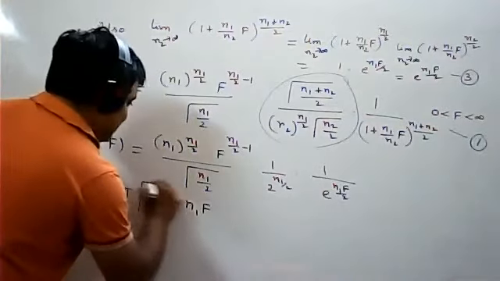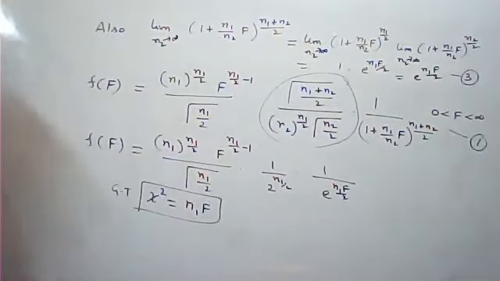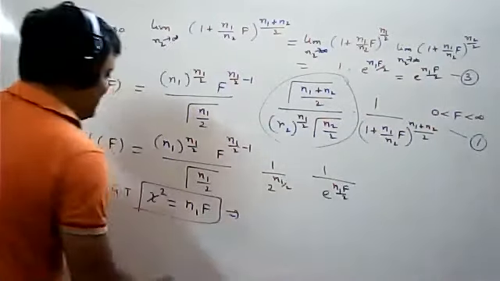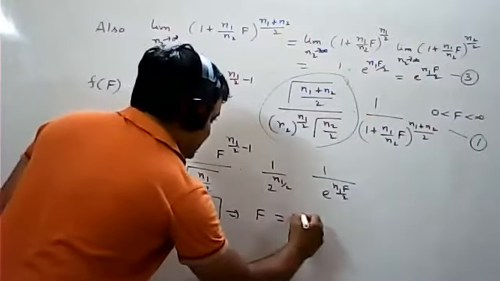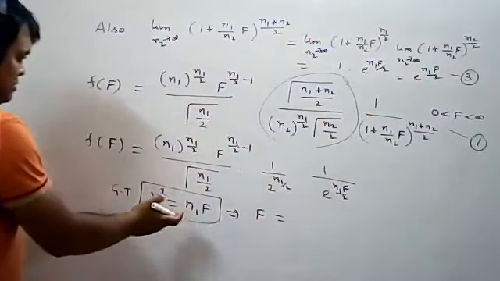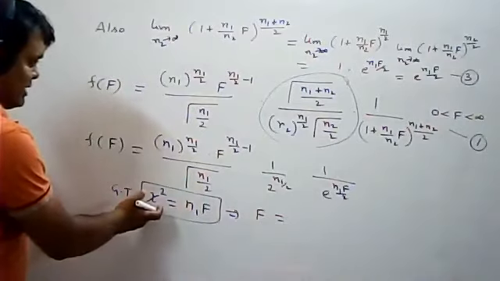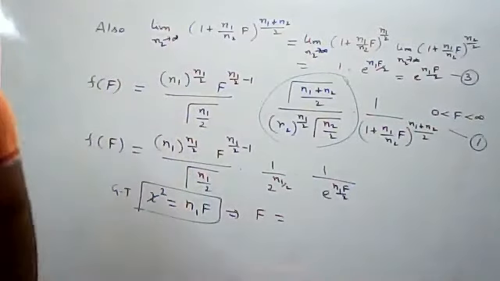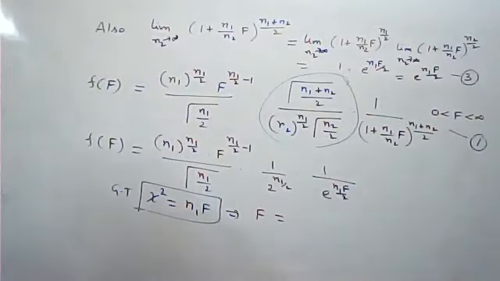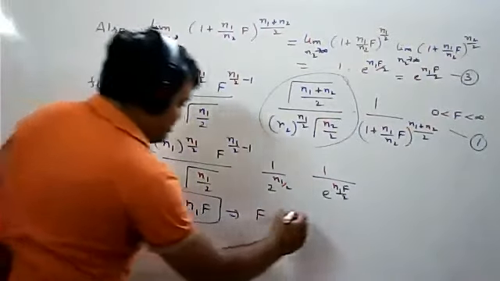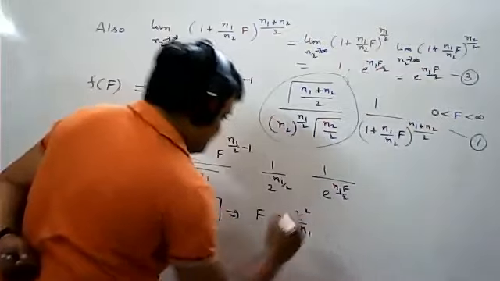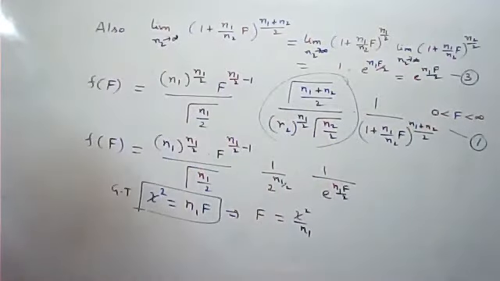From this you can identify the f value: n1 f equal to chi-square, so f equal to chi-square by n1.